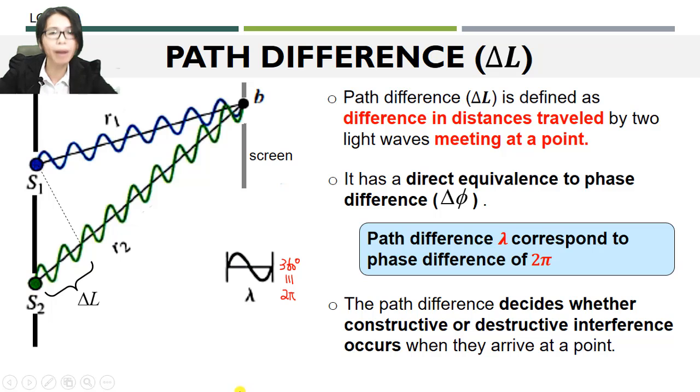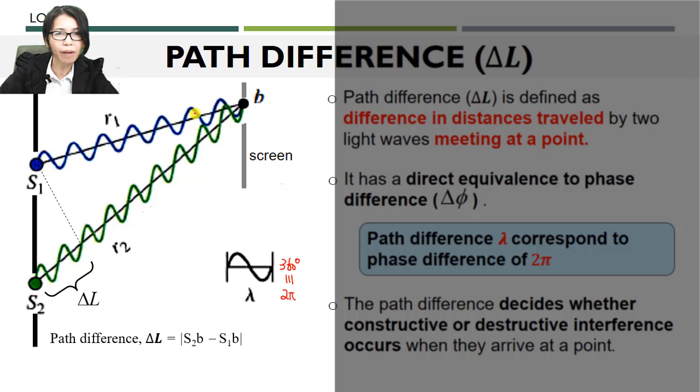So how do we calculate path difference? Path difference is given by the distance traveled by the second source minus the distance traveled by the first source. So we have S2B minus S1B. For example, for S1 we have 1, 2, 3, 4, 5, 6, 7.